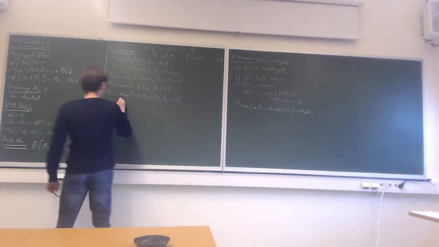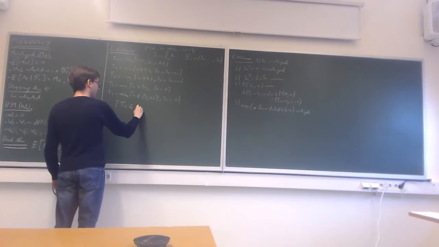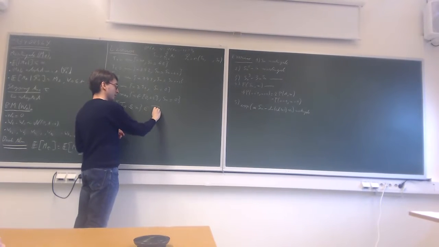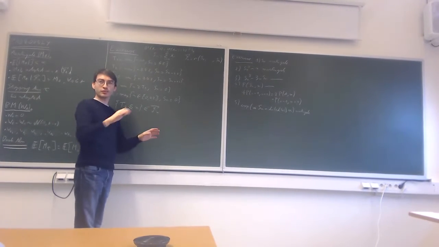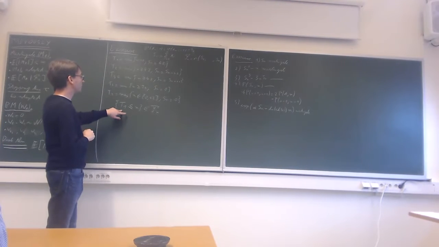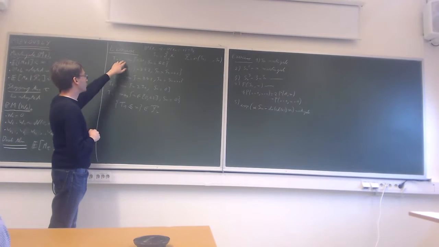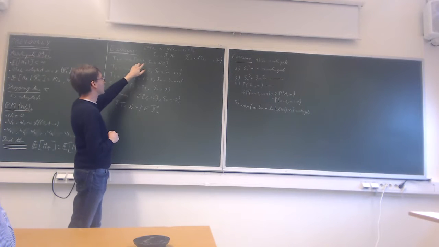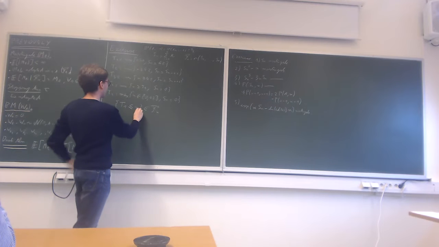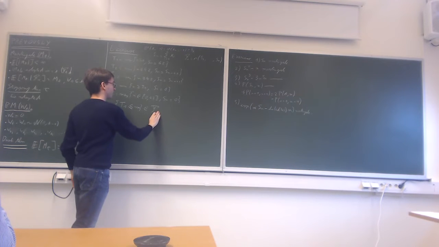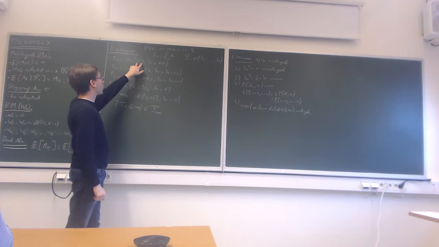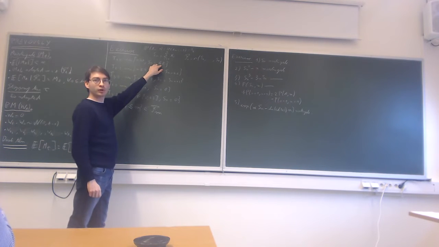So typically you look at the event T1 is less than or equal to n, and you want to say that this event is in F_n. T1 less than or equal to n means that S_m is equal to 42 for some m before n.